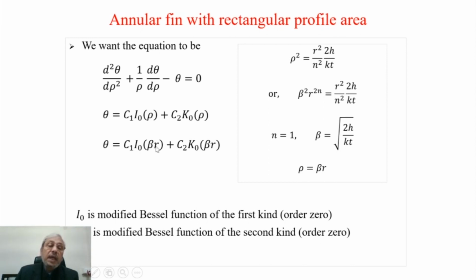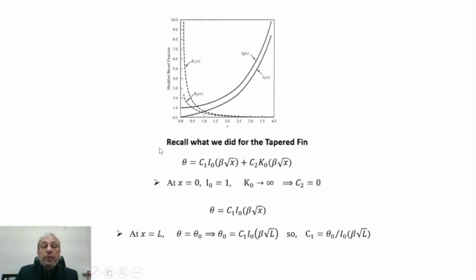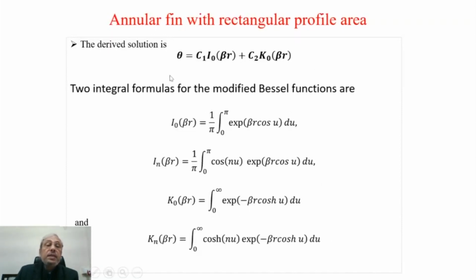We are starting at r equal to r1. So therefore, this derived solution is theta equal to C1 I0(beta r) plus C2 K0(beta r).